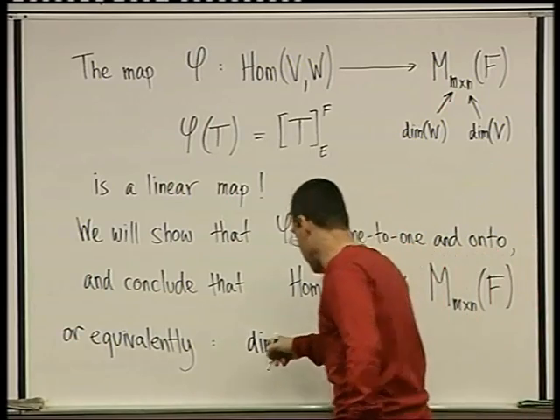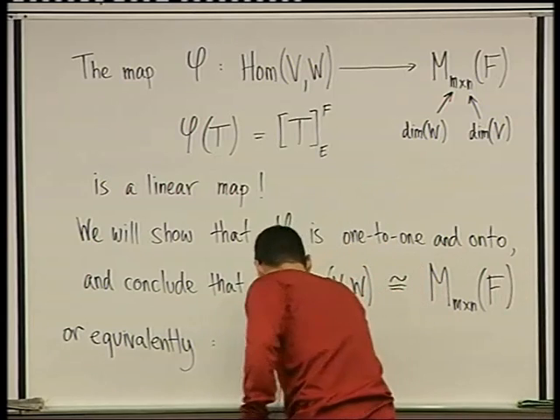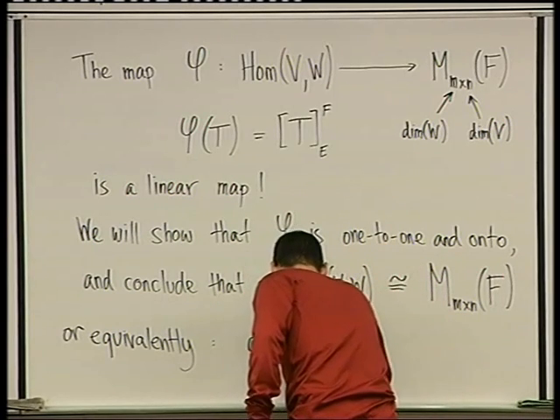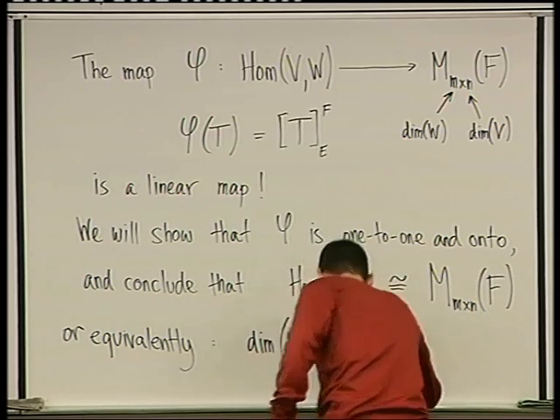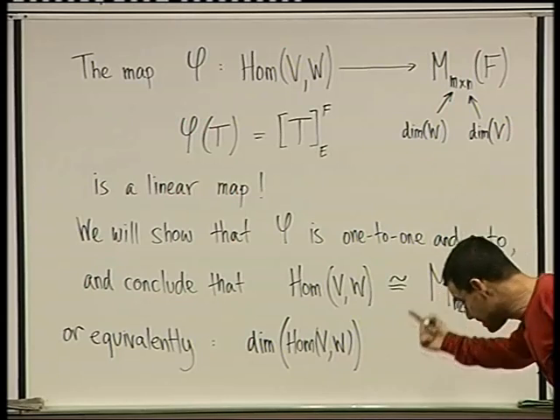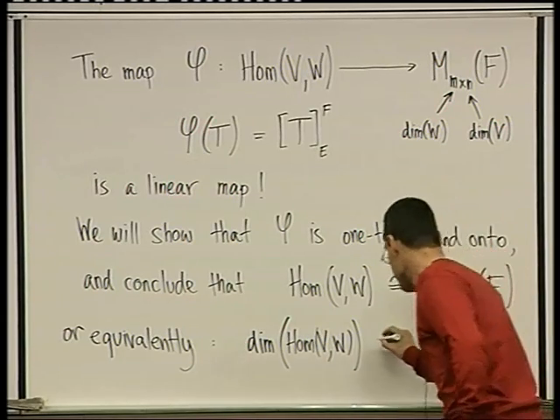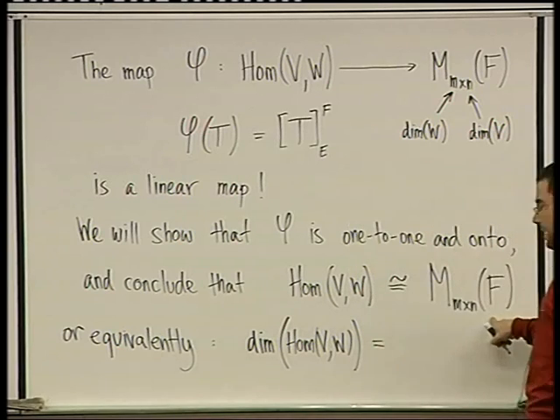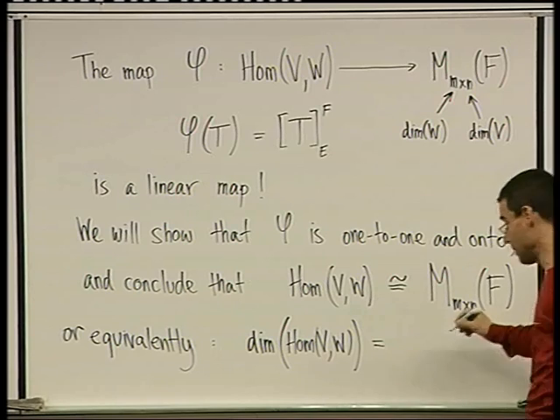And this is sometimes how you would see this exact theorem. The dimension of Hom(V, W), the dimension of the space of linear transformations between V and W, is precisely the dimension of this space, which is m times n. That's this dimension.